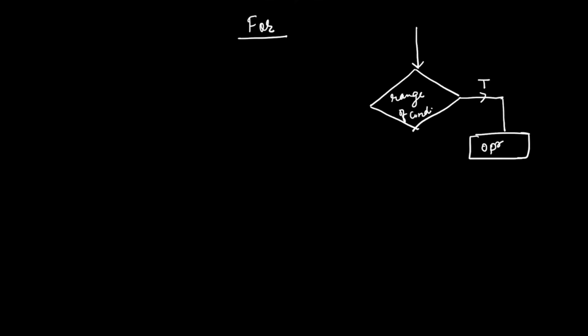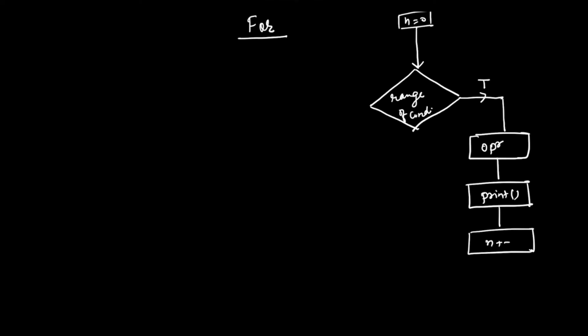Suppose some operation is given to perform, and after that we want to print something, and after that it increases the variable by 1. Suppose we have n equal to 0 here.